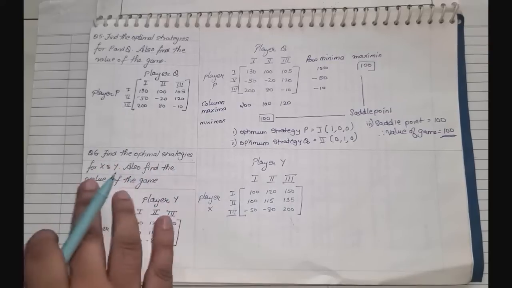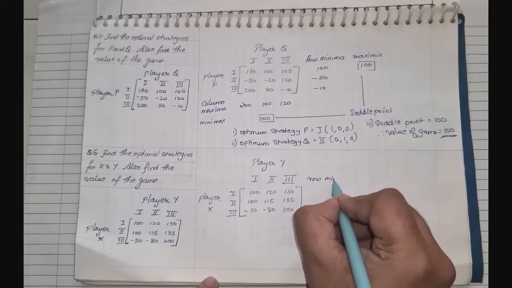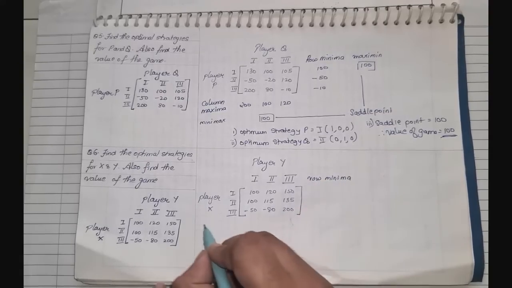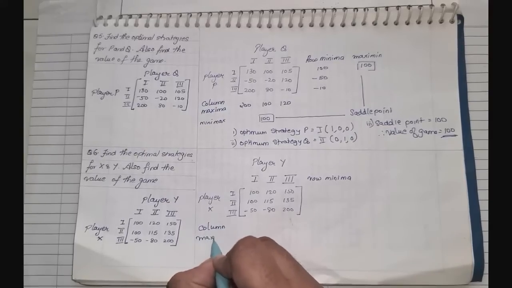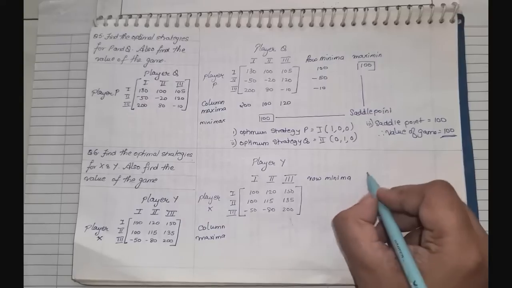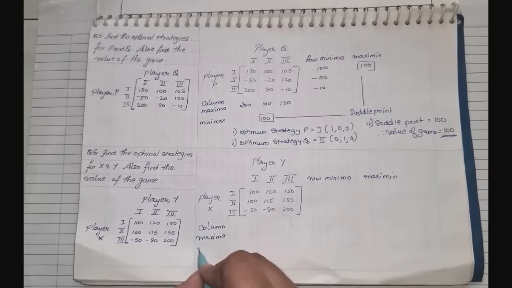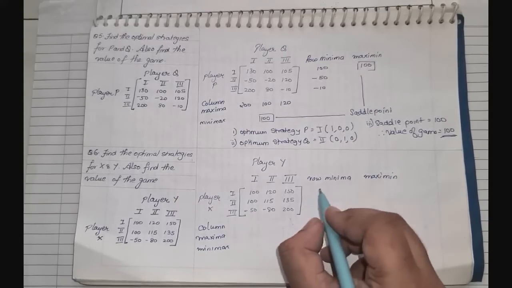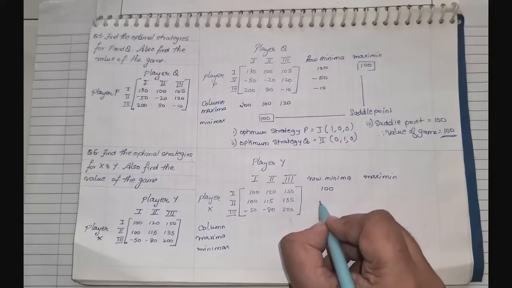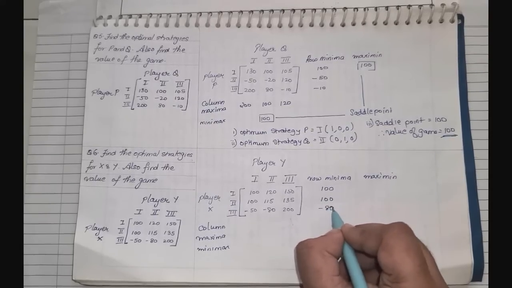Last one, find the optimal strategies of X and Y. We will write first the row minima, the column maxima, we have maximin, and here we will be having minimax. From the very first row the minimum value is 100, in the second also it is 100, from third this is -80.